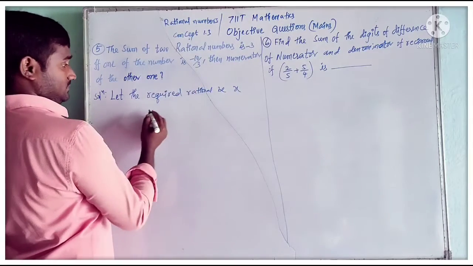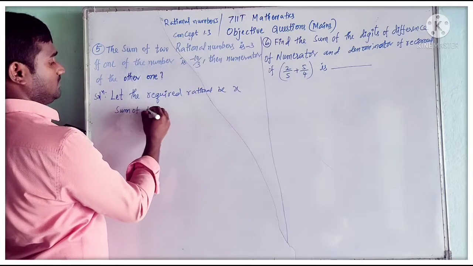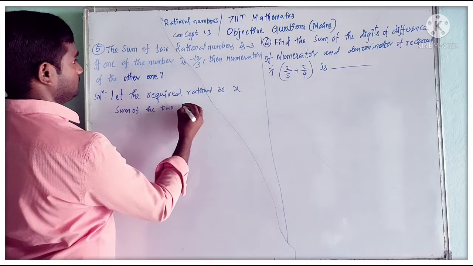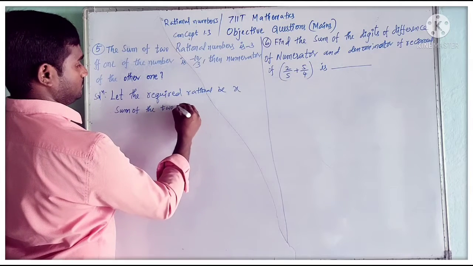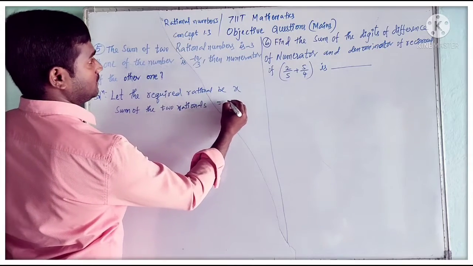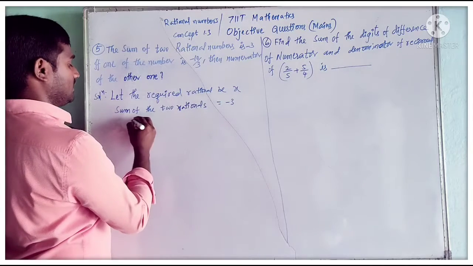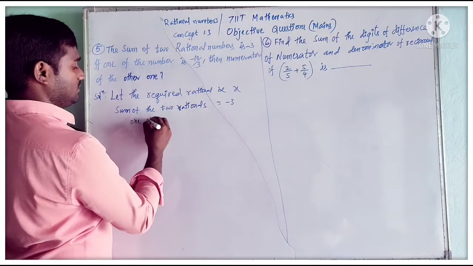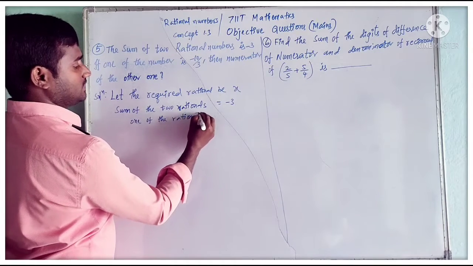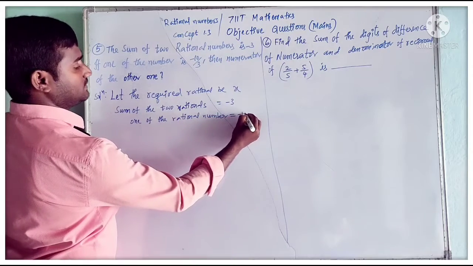The sum of the two rational numbers equals how much? Minus 3. So according to the condition, one of the rational numbers equals minus 10 by 3.